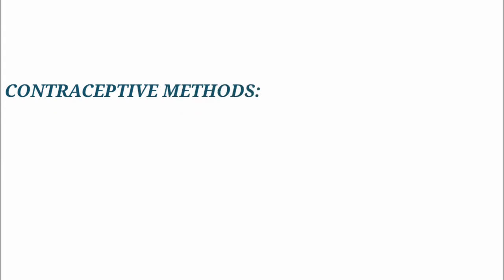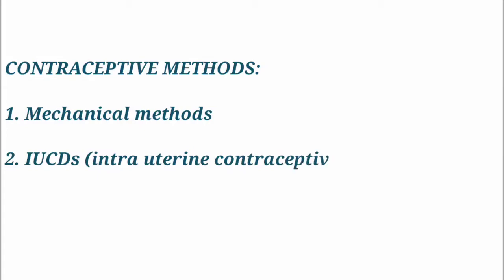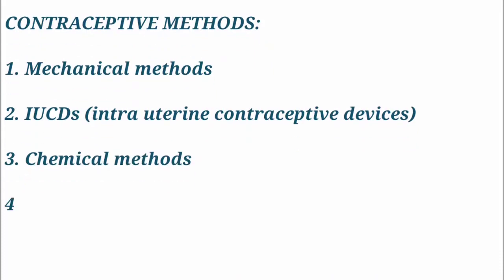The first method is termed the mechanical method. In the mechanical method, the examples you can give are the cervical cap or condoms. This mechanical method is normally used by individuals. During intercourse, they use a mechanical method, say for example condoms, and with that fertilization may not occur.